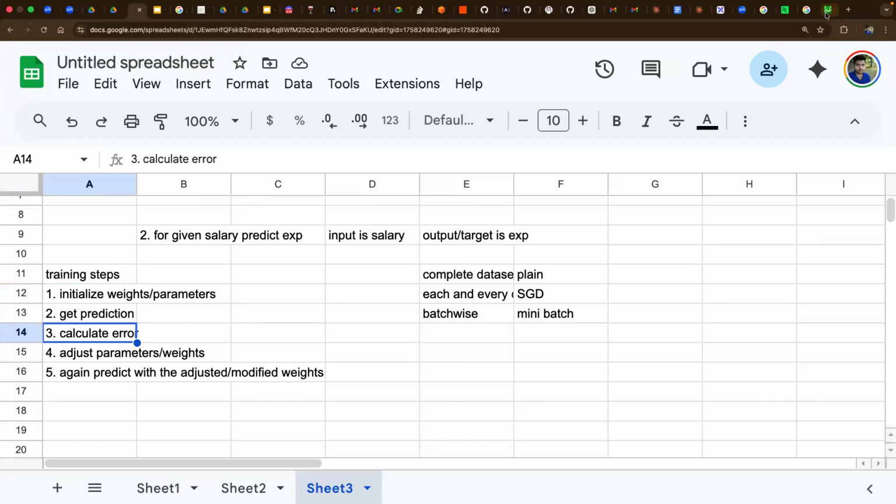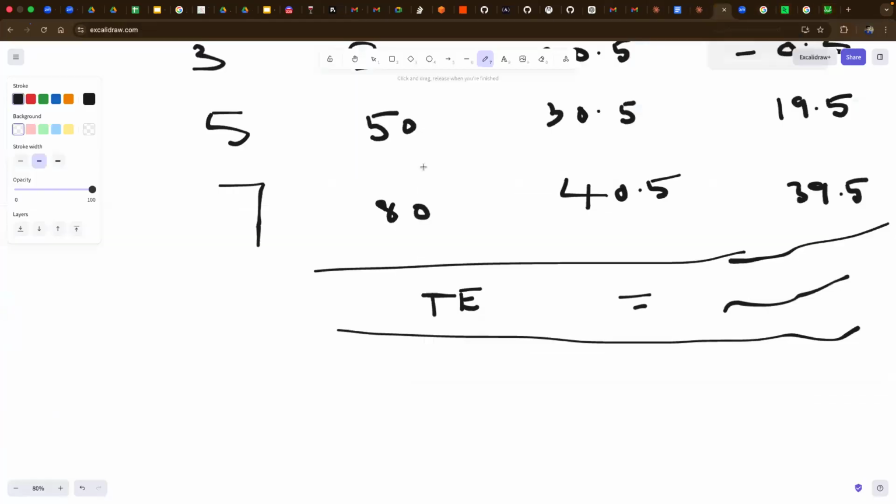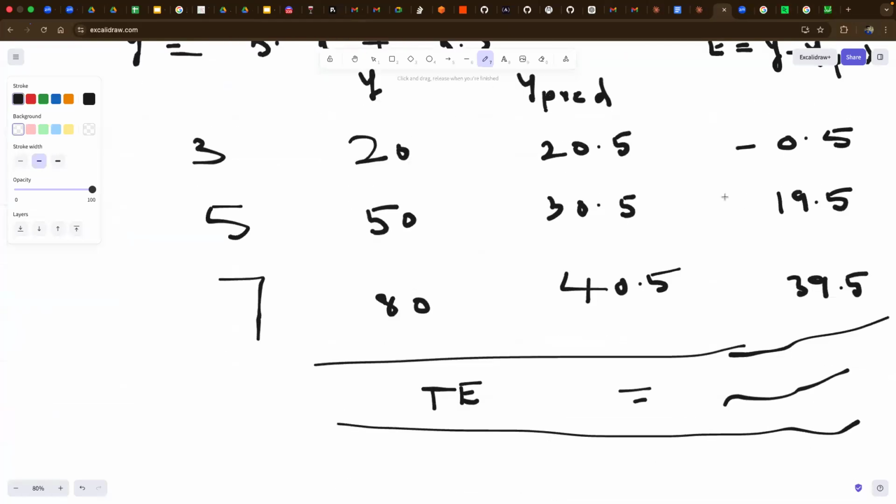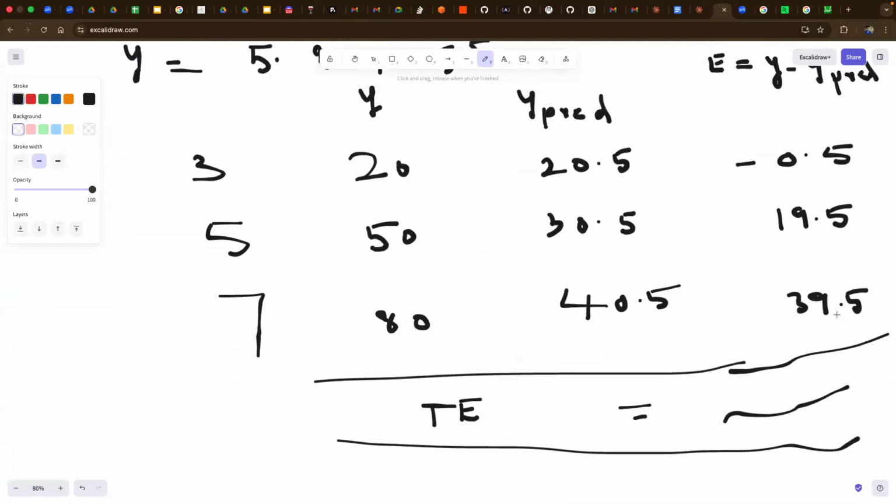Here again, one more thing I think I discussed in the last session also: how we are calculating this total error. We are calculating it for the complete data set that we have. Let us say if we have 100 data points here, we calculate total error for 100 data points.